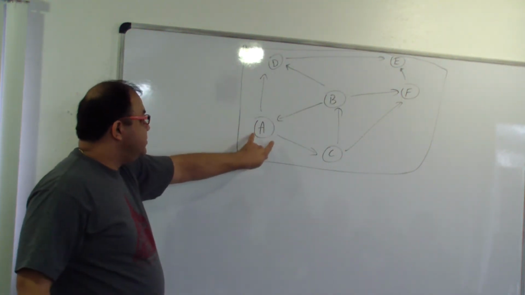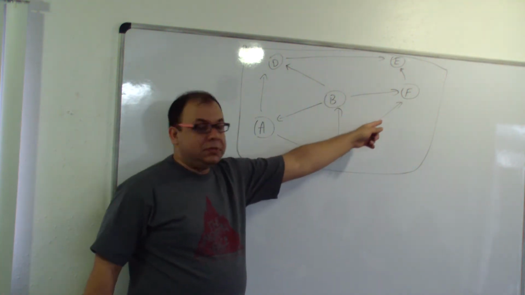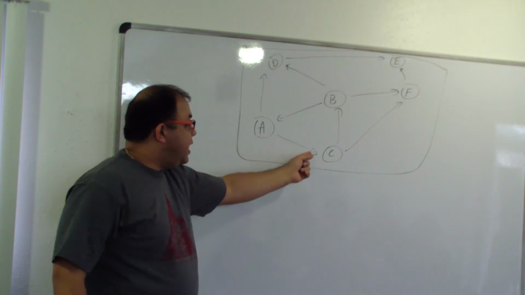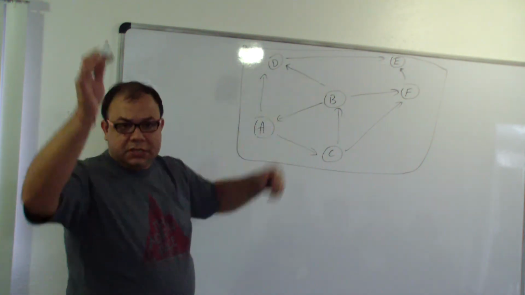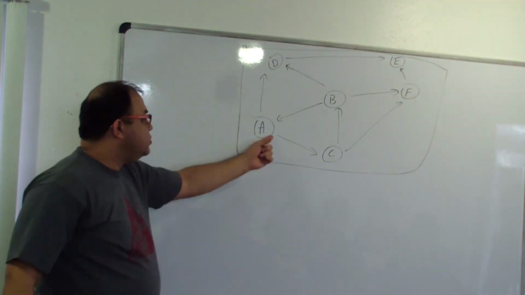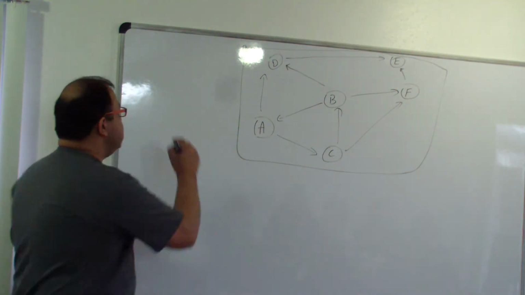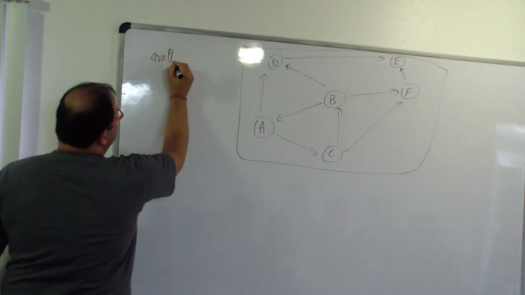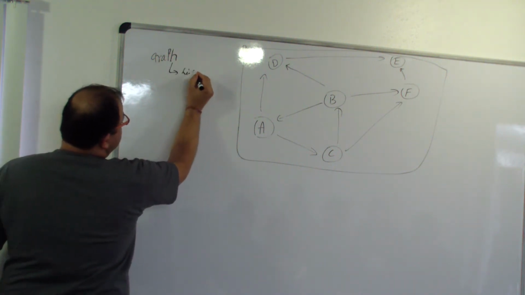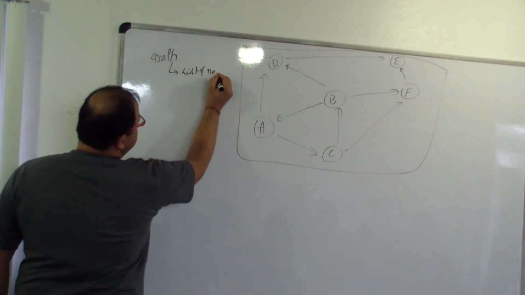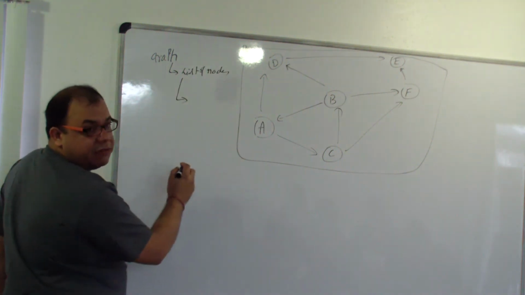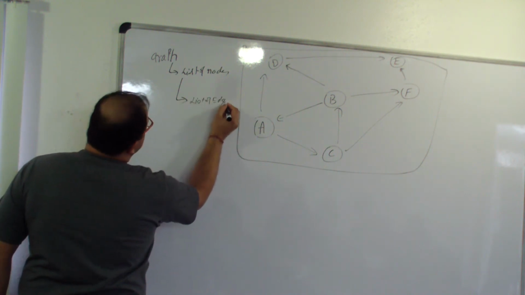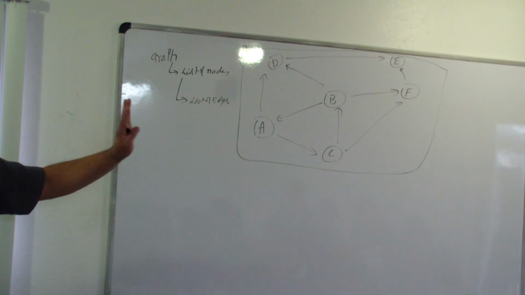The graph has a collection of nodes, and each node has edges. So the graph has a list of nodes, and nodes have a list of edges. That's the basic simple thing.